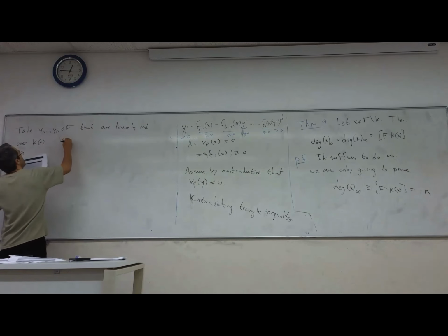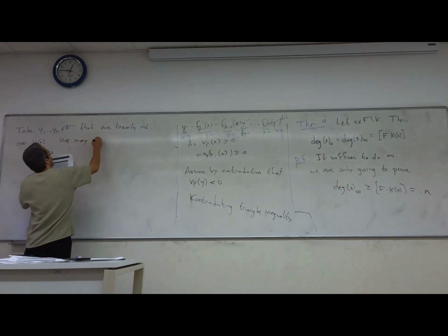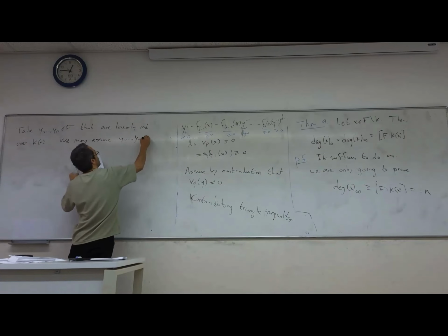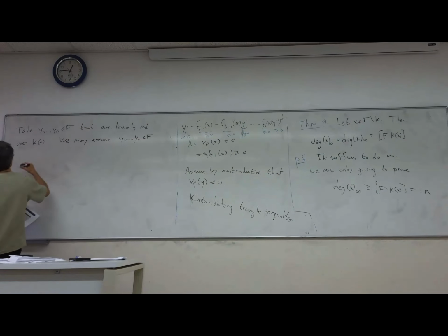And we may assume these yi's are integral over k(x). This is the g thing. You can multiply by g.